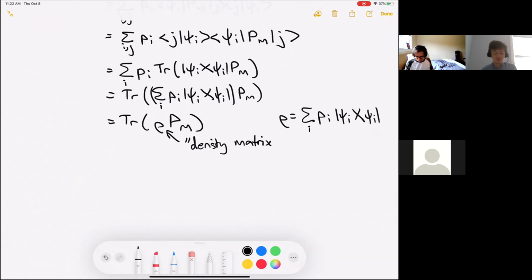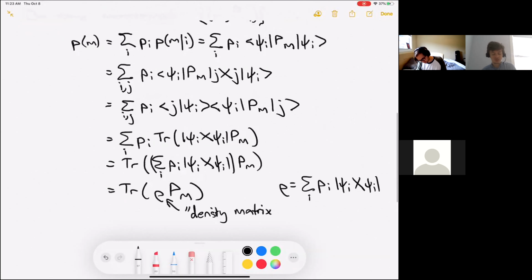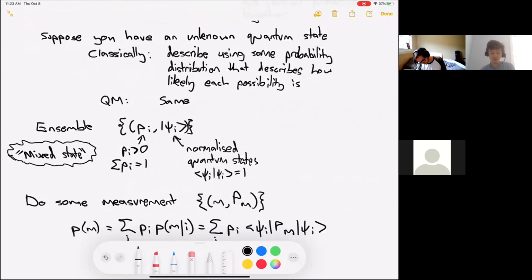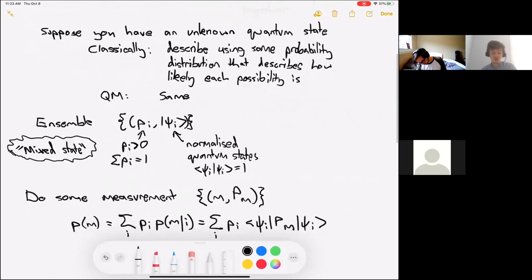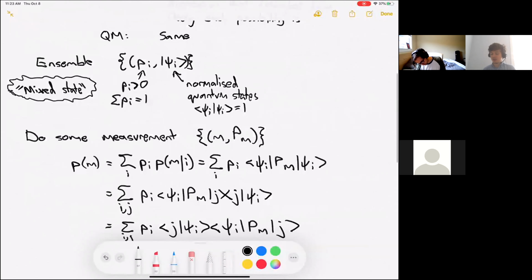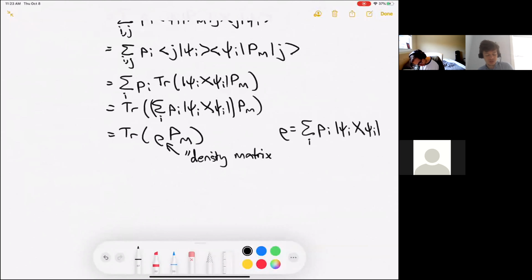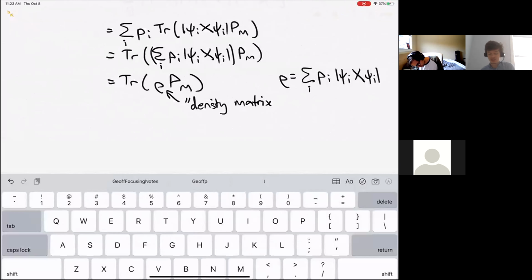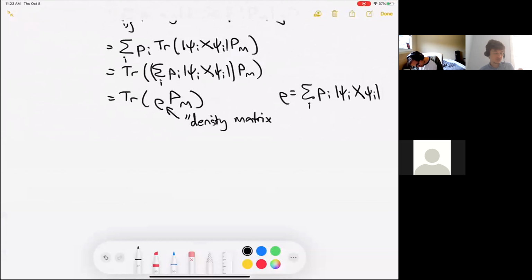So if we want to know the probability of getting some measurement outcome M when we do some particular measurement where the projector is PM, then we don't actually need to know this whole ensemble of all the pi's and the psi I's. All we need to know is this one density matrix rho. And in fact, that's generally true. All the physical information about a state, all the observable information, is just the measurement outcomes you get.